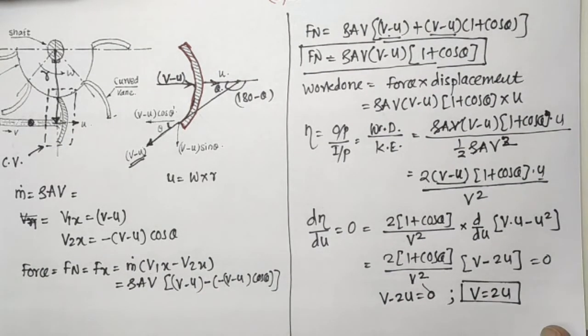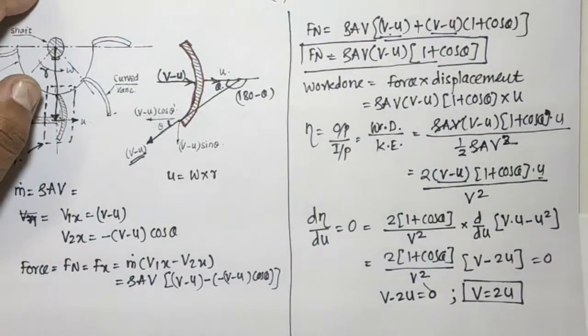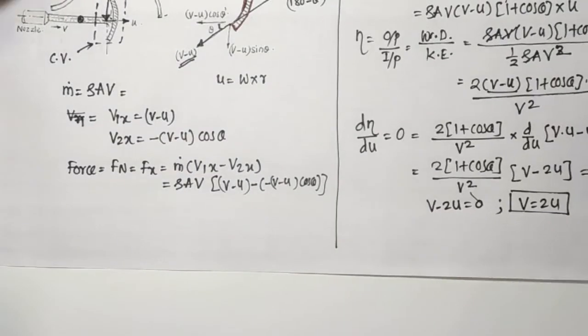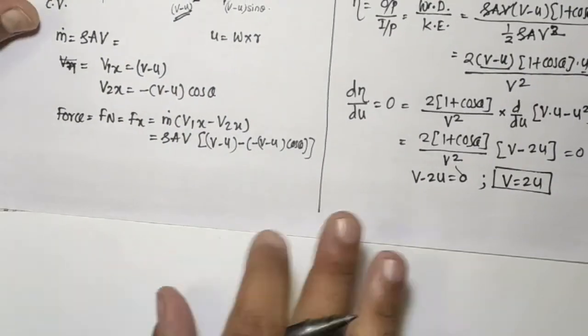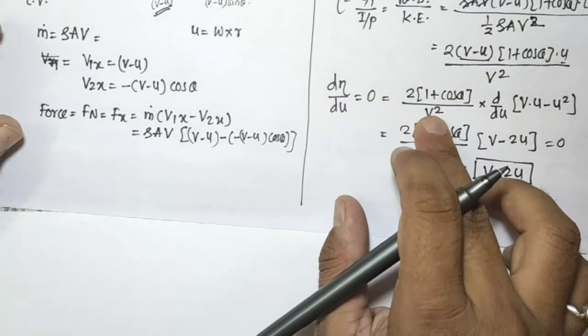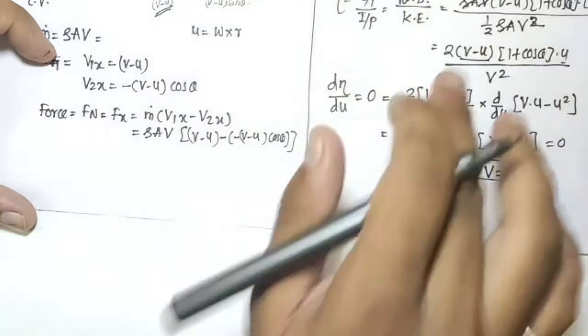Now we will put this value in the equation of efficiency. The equation of efficiency has to be considered as this equation of efficiency, this one. So we will put this value in this equation.